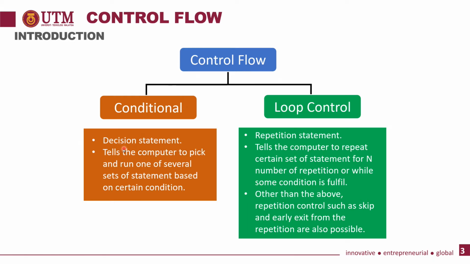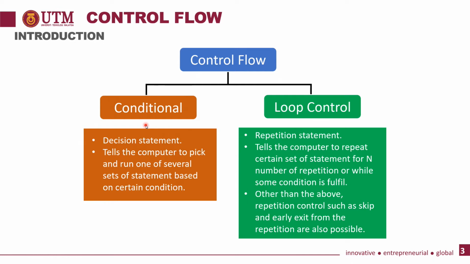In this conditional control flow, it tells the computer to pick and run one of several sets of statements based on certain conditions. Inside conditional control flow, we have lots of alternatives, and this conditional statement will tell the computer to only pick one condition to run instead of running all of those conditions.